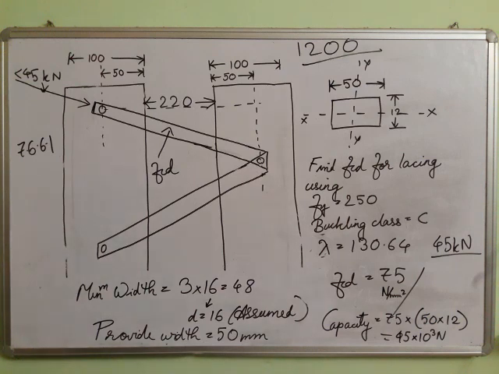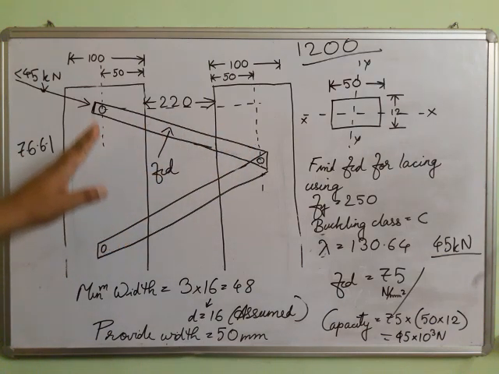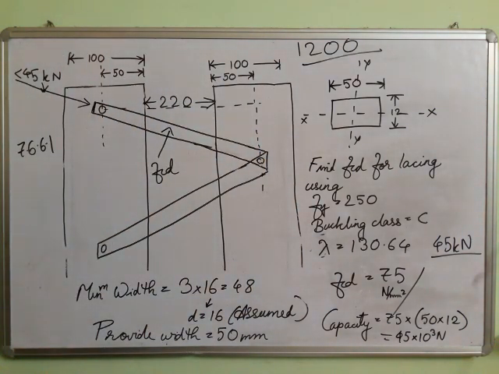Again, when you give a load of 1200, now there are two channel sections, so each channel section will take half of it. They will divide the load into two. I'm just drawing it, you just watch and try to understand.